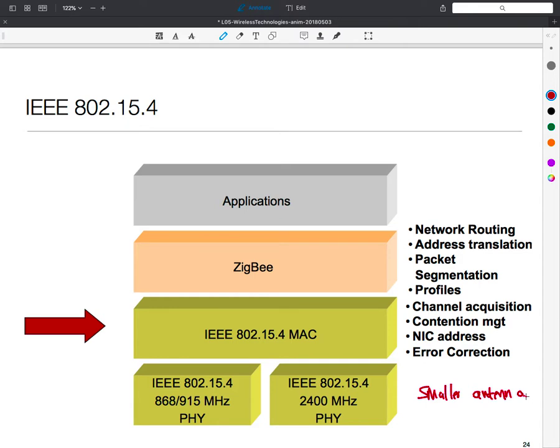So 900 megahertz has better coverage, coverage higher, power lower. Okay. And there are also some free ISM bands, like stuff around 400 or so.